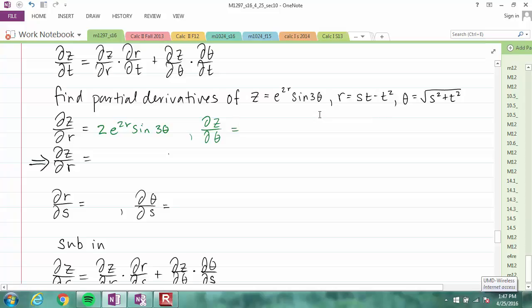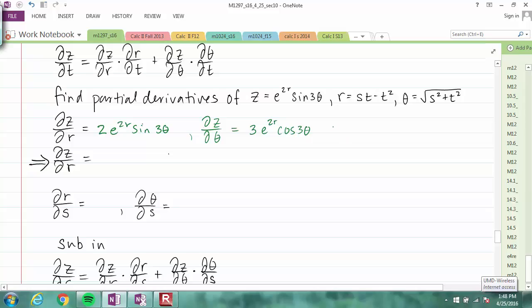Cosine of 3 theta times what as a byproduct? Chain rule. 3, right? Derivative of 3 theta with respect to theta is 3. Okay, so we're going to have 3 e to the 2r, that's part of the constant, and then we're going to have cosine of 3 theta.